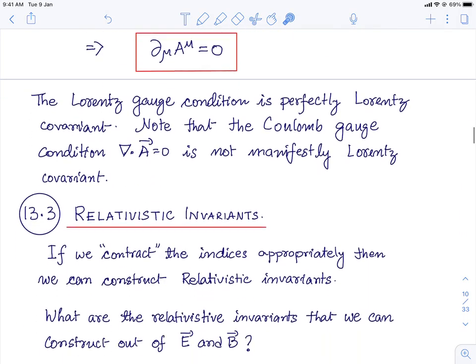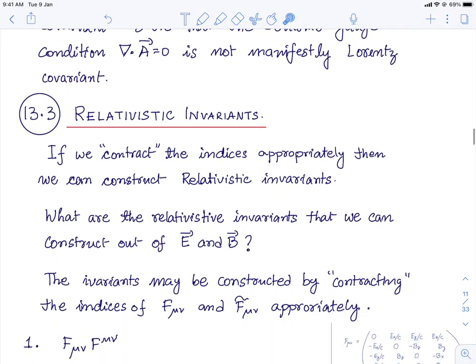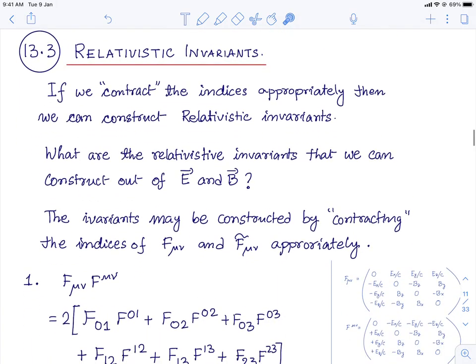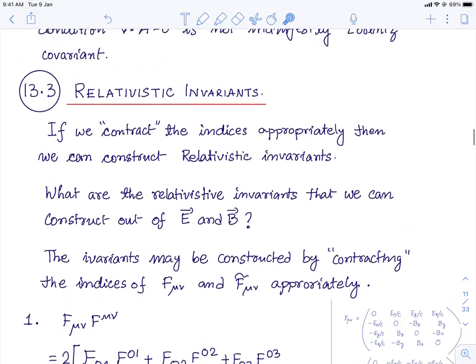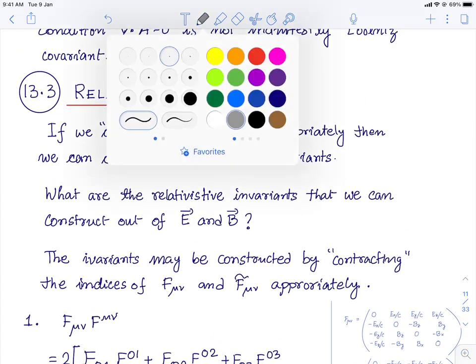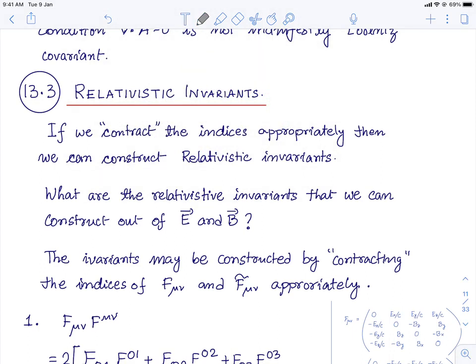Now let me move on to another interesting fact about the field strength and its dual. You know that you can take vectors and tensors and contract them in some way to make them relativistically invariant.